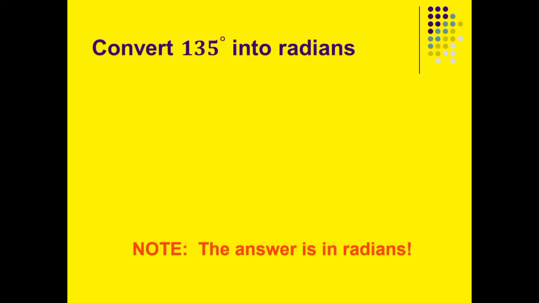So now, how to convert 135 degrees into radians. We have 135 degrees times pi over 180. 135 and 180 are divisible by 5.